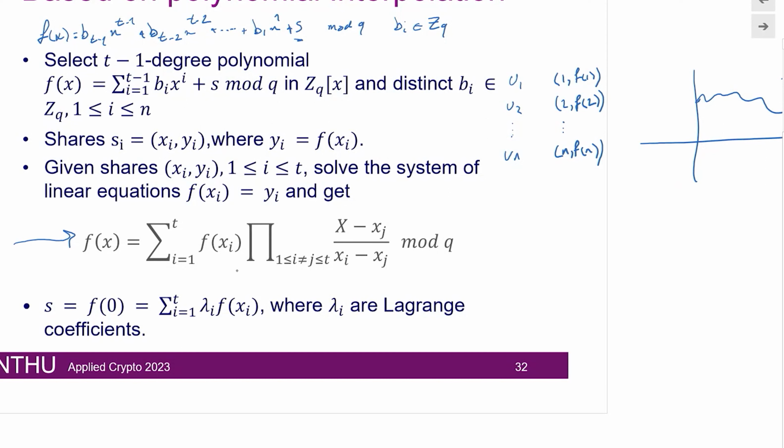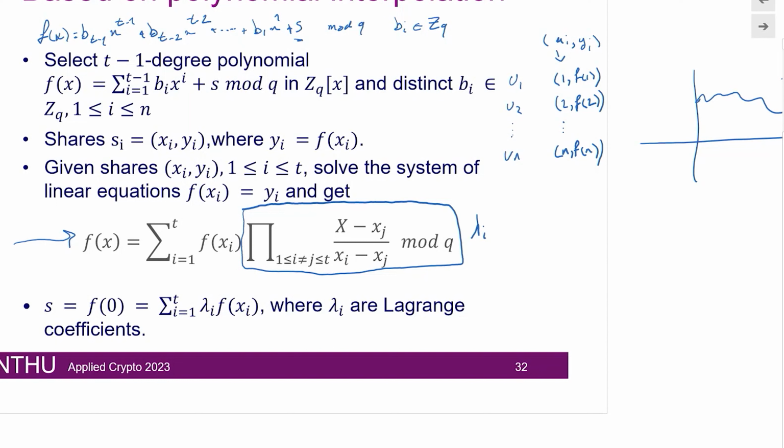It is going to look like some summation over every f of x_i. If I call this one x_i and this one y_i, we are going to do this sort of computation. I'm going to call this piece over here lambda_i.